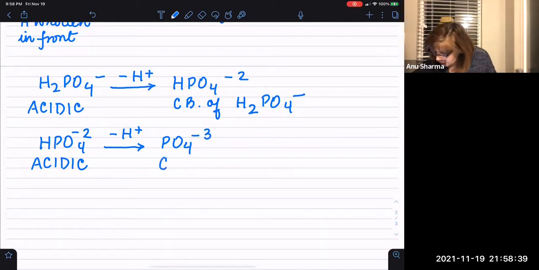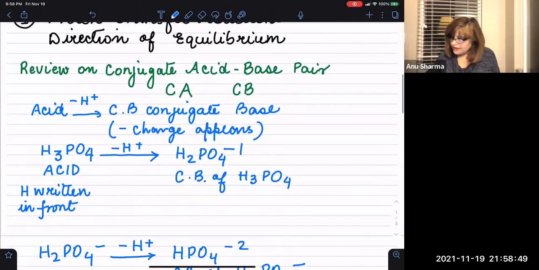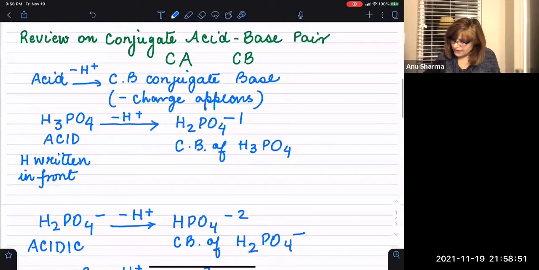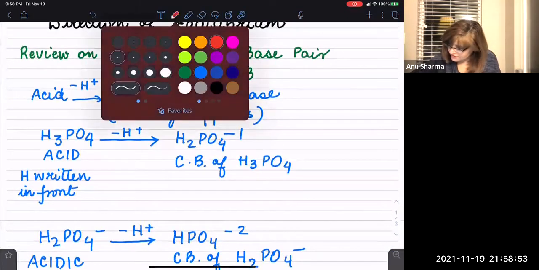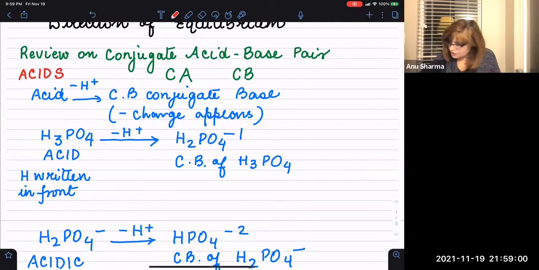And this is the conjugate base of HPO4 -2. Okay, so this is how the conjugate acid base pairing comes in. So that is as related to the acids. So this is the situation with the acid. Now, acids will give you a conjugate base.